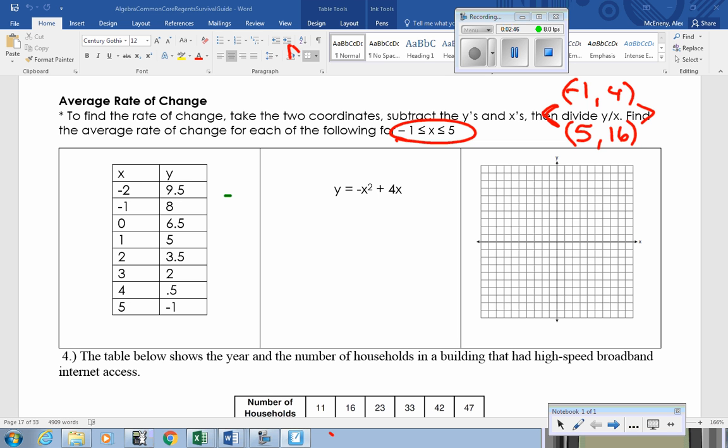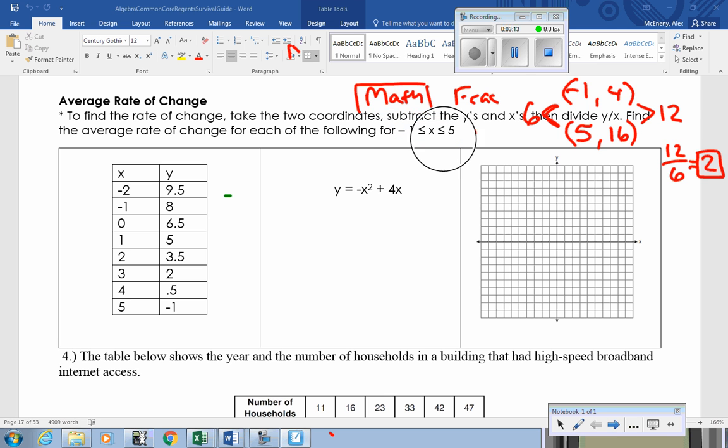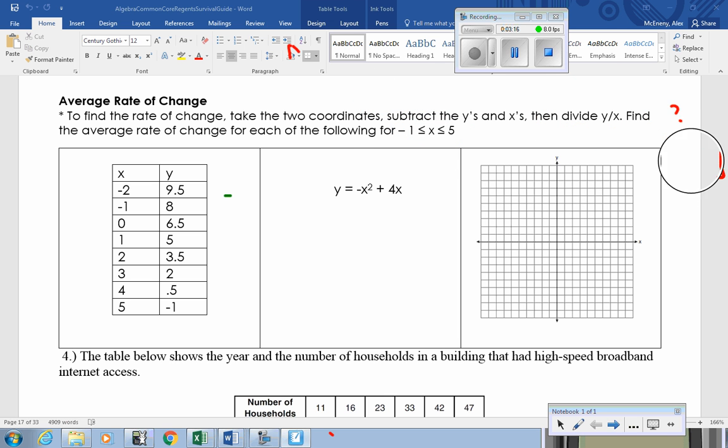So 16 minus 4 would be 12, 5 minus -1 would be 6, and then you want to divide the y's by x. So you got 12 divided by 6, which would end up with a rate of change of 2. And just make sure if you get a decimal, use the math button in the calculator, and then you can use the option that says fraction, to change it to a fraction. So just make sure you got 2 coordinates for this section as you're attempting to do each question. Okay.